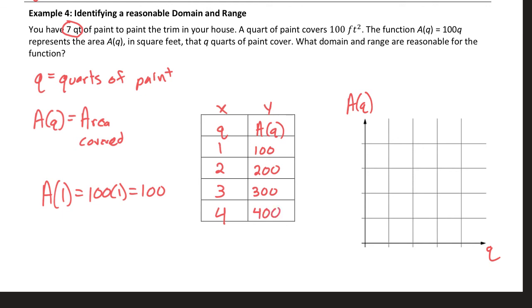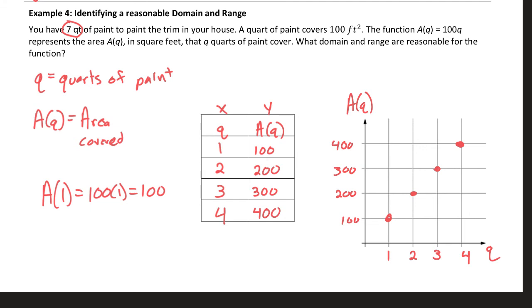So the idea is if I'm making this graph, my x values, 1, 2, 3, 4, and then my y values, you could have them go up by hundreds, that's fine. 100, 200, 300, 400. So my graph is a pretty simple graph, okay?